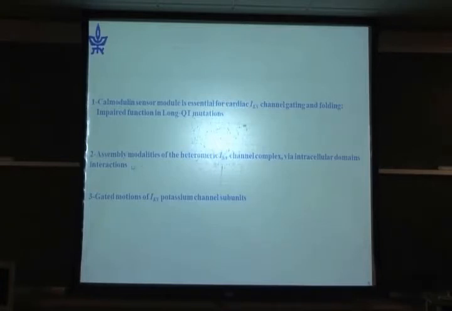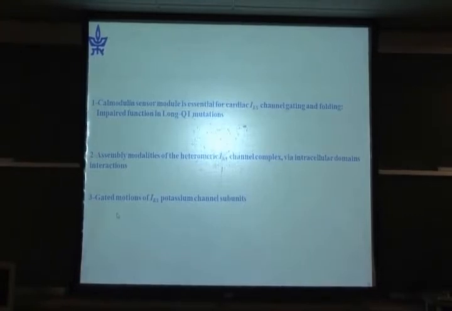Then I will present some data showing the assembly modalities of the channel complex, both on the side of the tetramerization of the alpha subunit and the interaction of the alpha subunit and the beta subunit. And finally, I hope I will have enough time, I will show you some interesting features of the gated motion of the two subunits when we use FRET as a reporter method to analyze this gated motion of the two subunits.